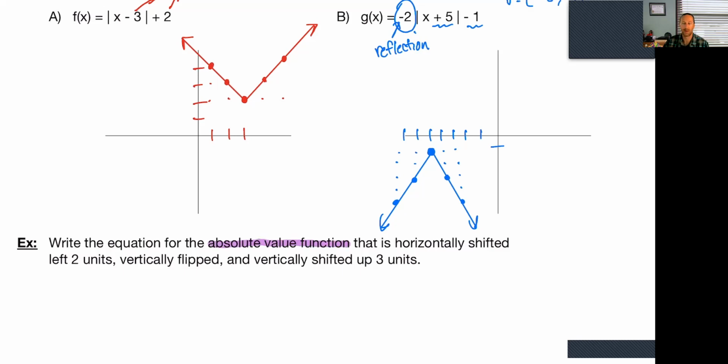So right then and there, I know it's going to have those straight brackets around it, and it's horizontally shifted, meaning left and right, which means x-axis. It's going to have an effect on the x. And it's left 2 units. It's flipped vertically, meaning we're going to have one of those negative reflections, and also shifted vertically up 3 units.